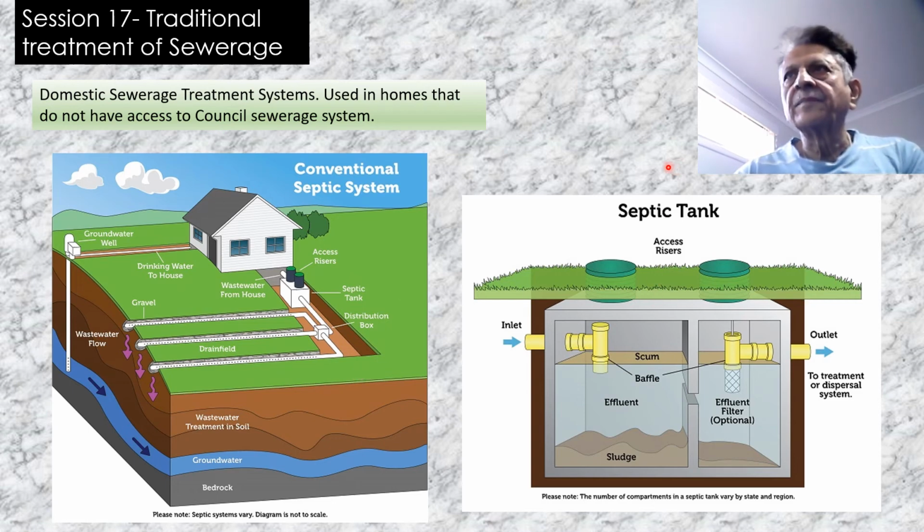Now this is the figure or picture of the septic tank which is shown here. If you notice, as the sewer comes in, you have the effluent, and there will be a digestion taking place, either chemical or bacterial.